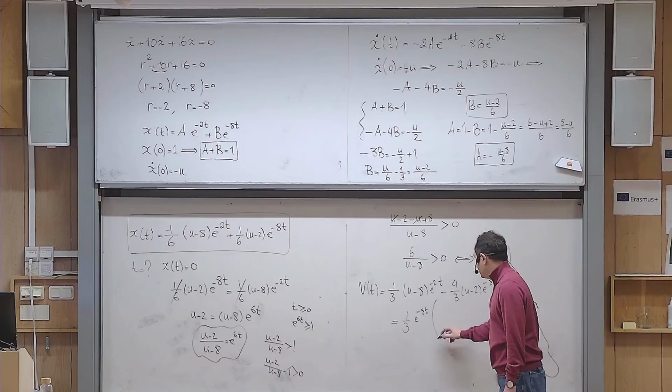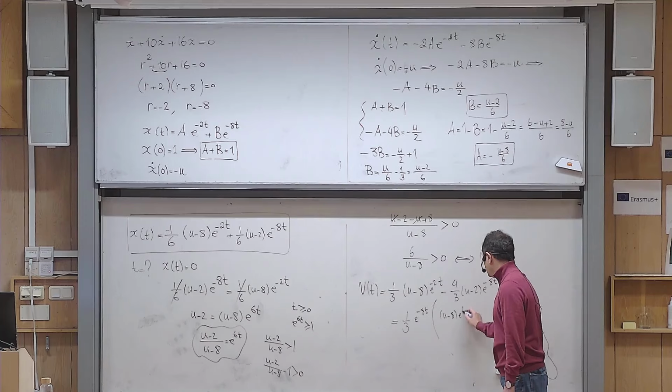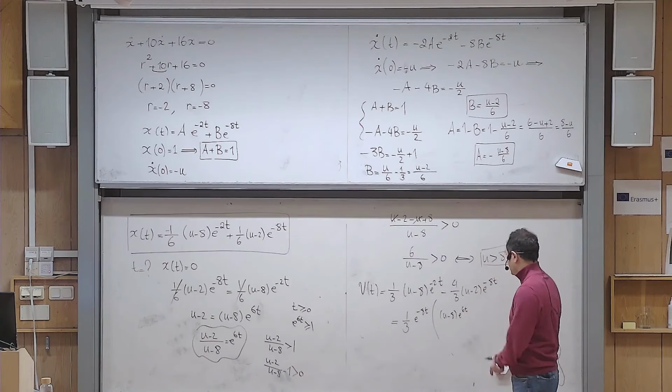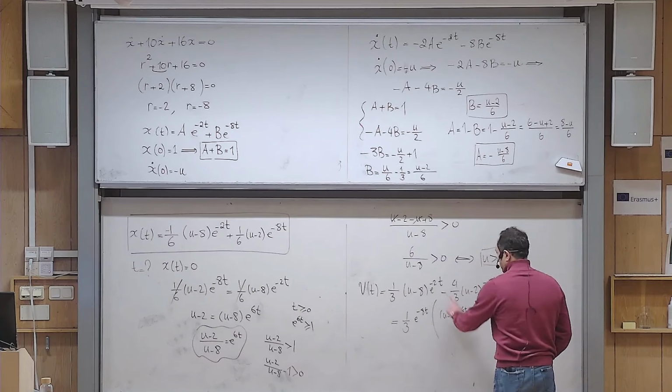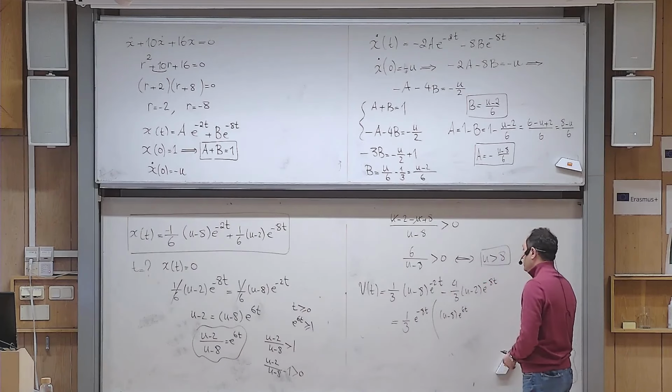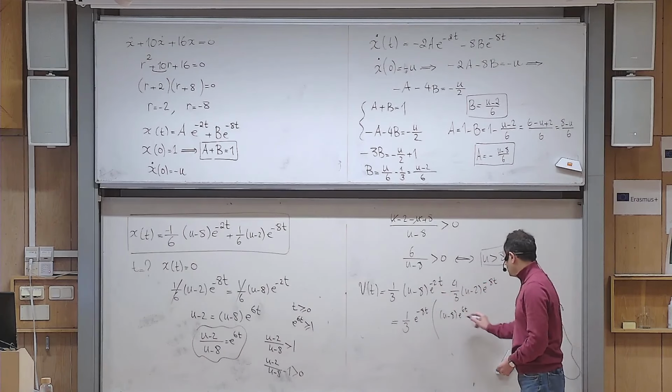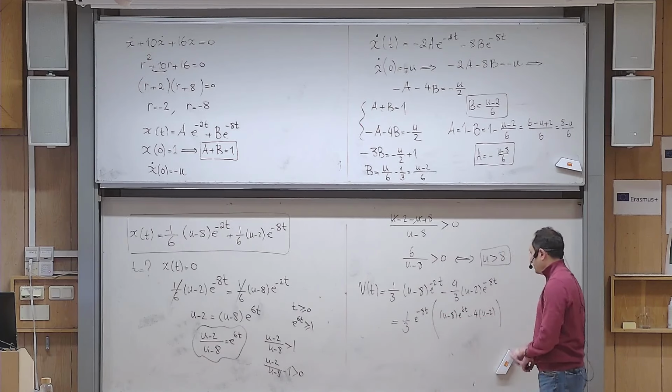And then what is left? u minus 8 is left from here, e to the power of 6t is left, because if you multiply this back, it gives you e to the power minus 2t, so my factorization is correct. Then it becomes minus 4 u minus 2, and this is pulled out, okay?